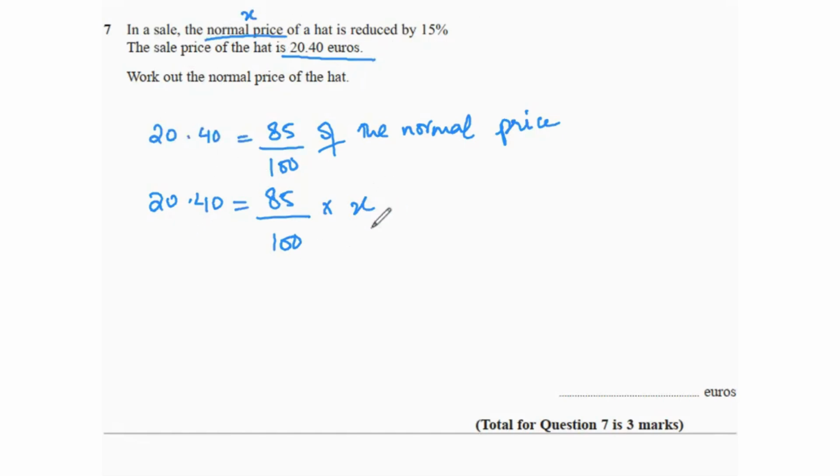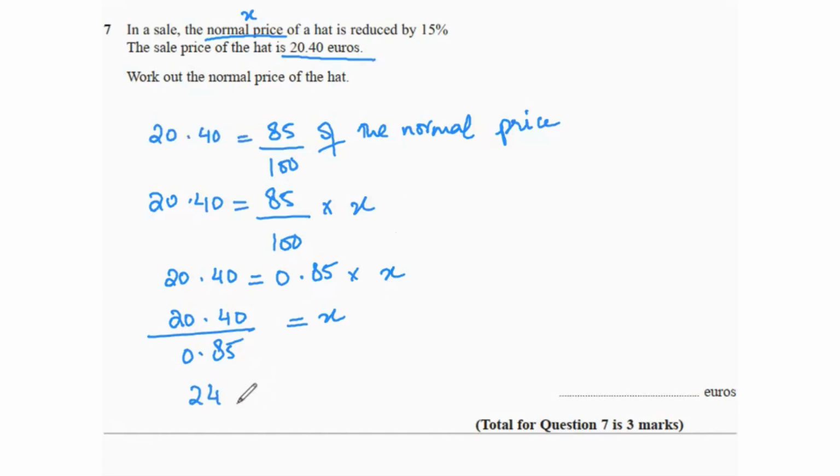So now we have to make x the subject to find its value. So 20.40 equals 0.85 times x. Then 20.40 divided by 0.85 equals x. So when we divide the two, what we get is 24. So 24 euros is the normal price.